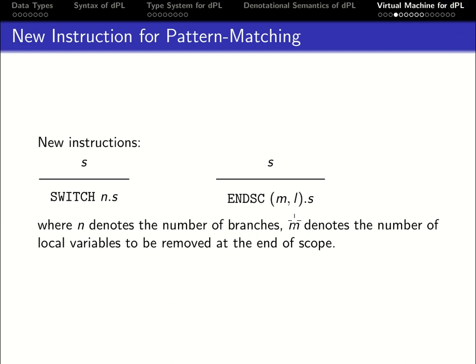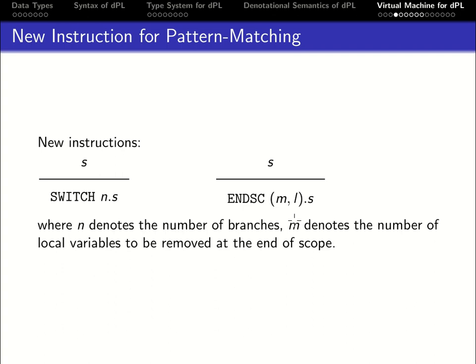All right. So the interesting thing is that what we call pattern matching in functional programming is a switch statement in Java or C or C++ or JavaScript or any other procedural language. So we're going to be procedural at the level of the virtual machine and introduce two new instructions called switch and end switch.